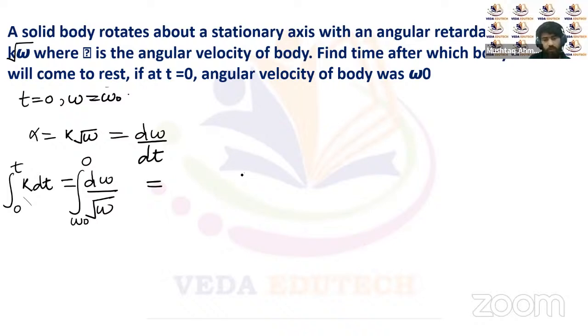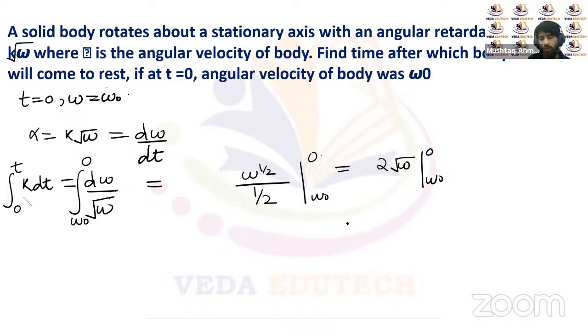The integration of this will be omega raised to the power 1 by 2 divided by 1 upon 2, with the limits omega naught to 0. So it comes out to be 2 root omega, with the limits omega naught to 0.